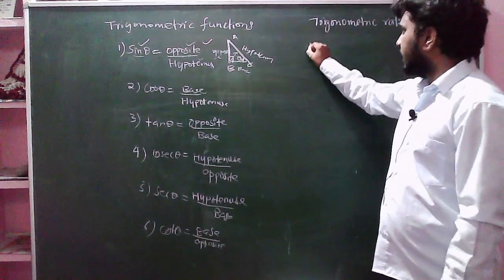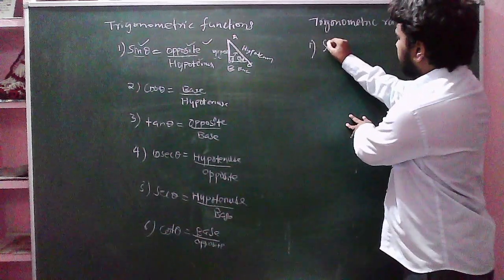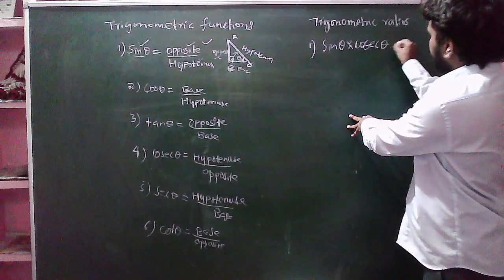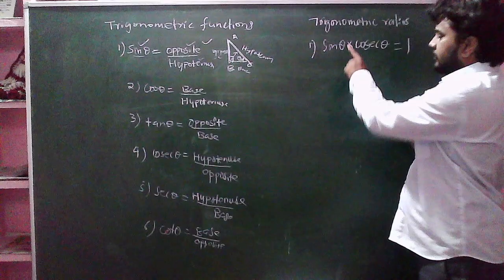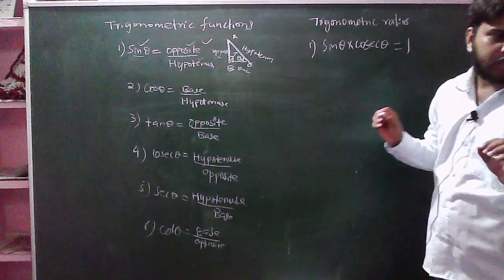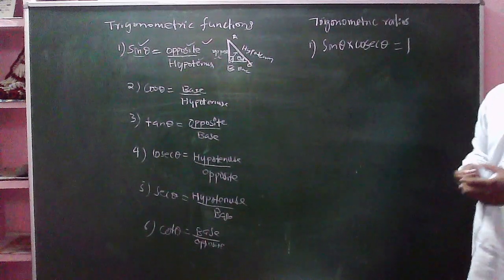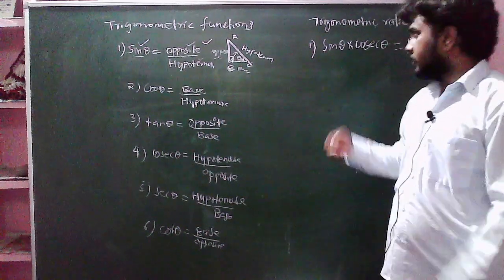So if I multiply sine theta into cosec theta, I will get the value 1. So this is called reciprocal relationships.